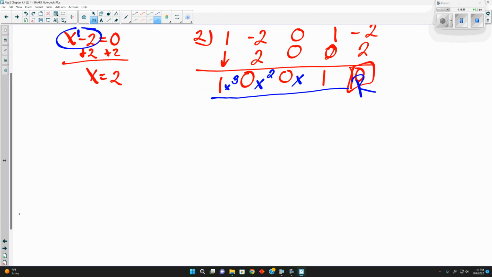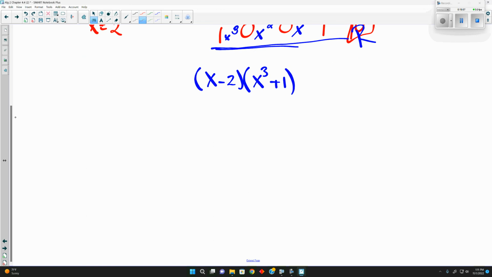Now what they left us with is, well, one of them is going to be x minus 2. What we have here is x cubed plus 1. Our signs are going to be the same, opposite, always end on a positive note.